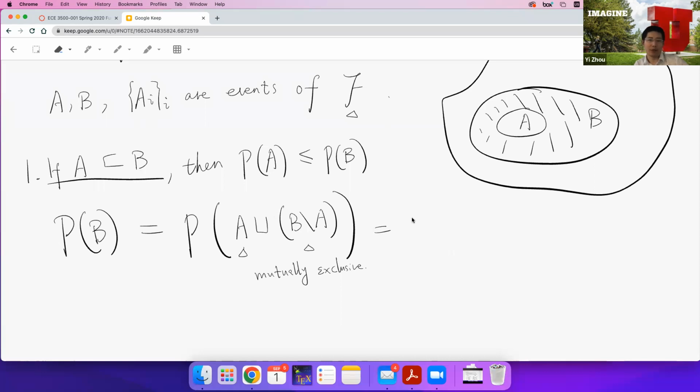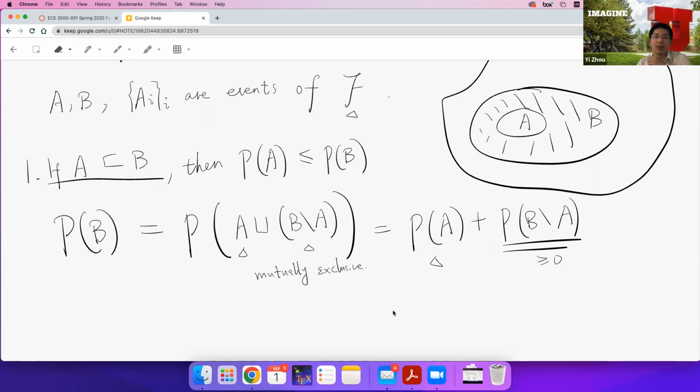Now we have a union of 2 mutually exclusive events, so by the probability law, we can decompose them. Now we have the probability of A plus some residual part. We know that B subtracting A is an event, and by the axioms of probability law, its probability has to be non-negative. Therefore, P(B) is greater than or equal to P(A).